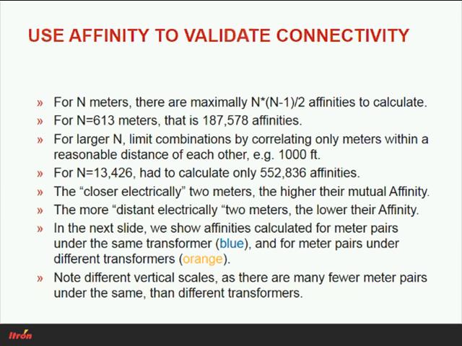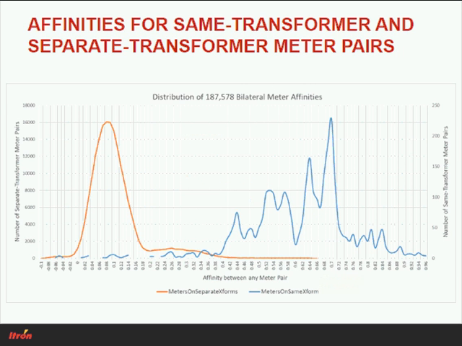So the closer electrically 2 meters are, the higher the mutual affinity. The more distant electrically, the lower the affinity. So now we're going to show all affinities calculated for the data set. Let me explain what this figure shows. On the left, the orange curve shows affinities calculated for meters that, according to the utility records, are on different transformers.